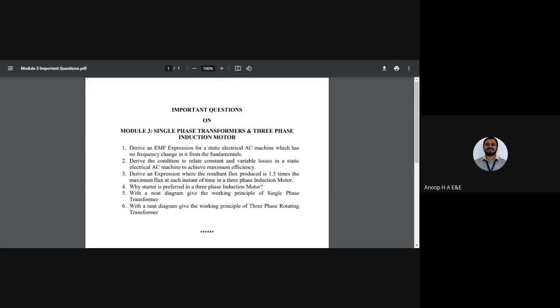The first thing that comes to your mind regarding the transformer is that it's a static machine. So can anyone define what a transformer is first?